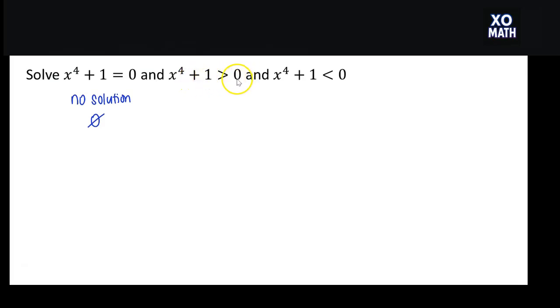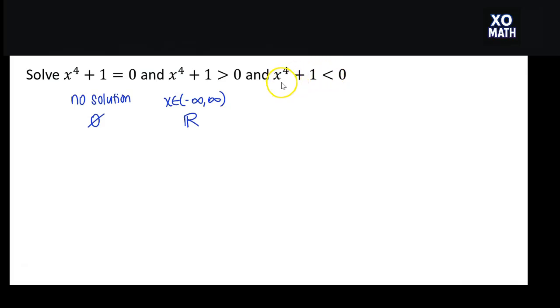That's always going to be greater than 0. It's 1. And if we take any other x value, raise it to the 4th power, that makes it positive, then you add 1, that's always going to be greater than 0. So the answer to this inequality is all real numbers. So all real numbers we can indicate as negative infinity to positive infinity, or sometimes you'll see this bold-faced R.